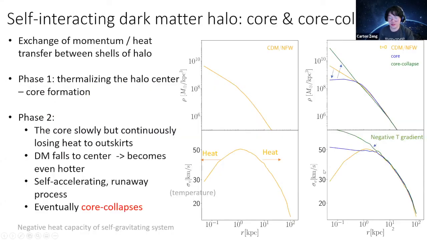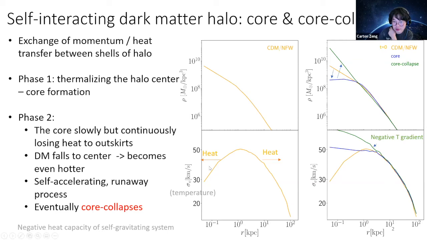Okay, since Akaxia has covered a lot of material on SIDM, I'll skip part of the introduction and directly jump to the halo phenomenology of SIDM, namely the core and core collapse phases. So as we know, starting on top of cold dark matter, if we turn on the self-interaction or two-body scattering between dark matter particles, effectively it allows for the exchange of momentum among dark matter particles in a more efficient way.